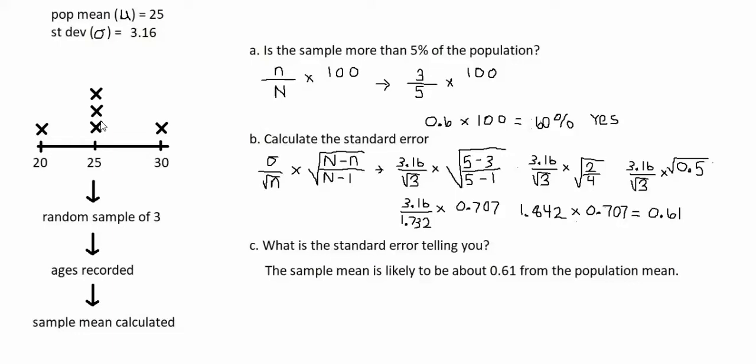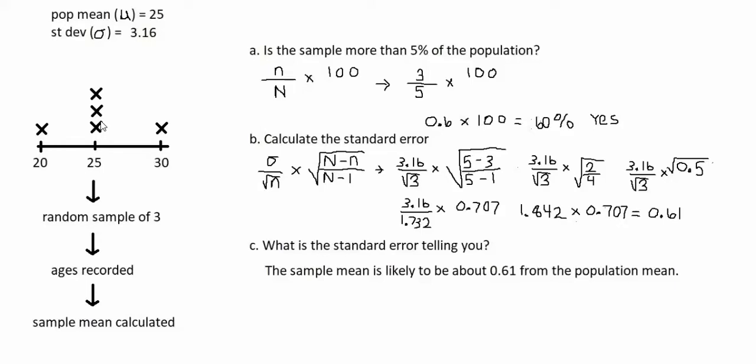In other words, we want to make an educated guess of how close the sample mean will be to 25, which is the population mean. And what we can do is calculate the standard error, because we can use the standard error to make an educated guess of how close the sample mean will be to 25.